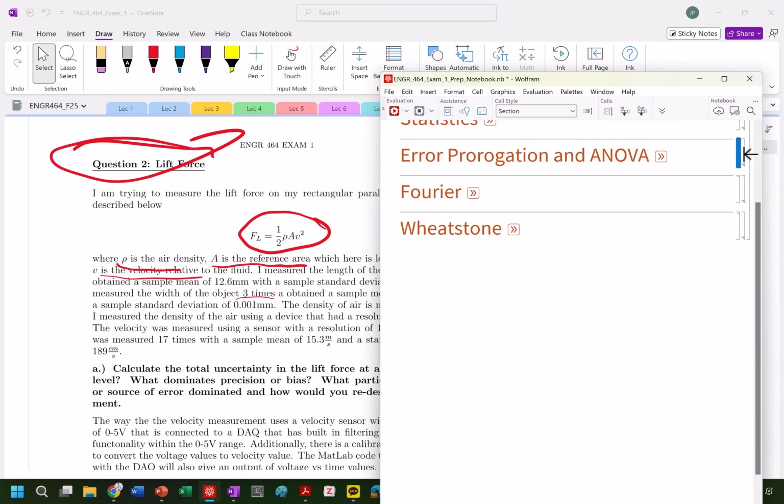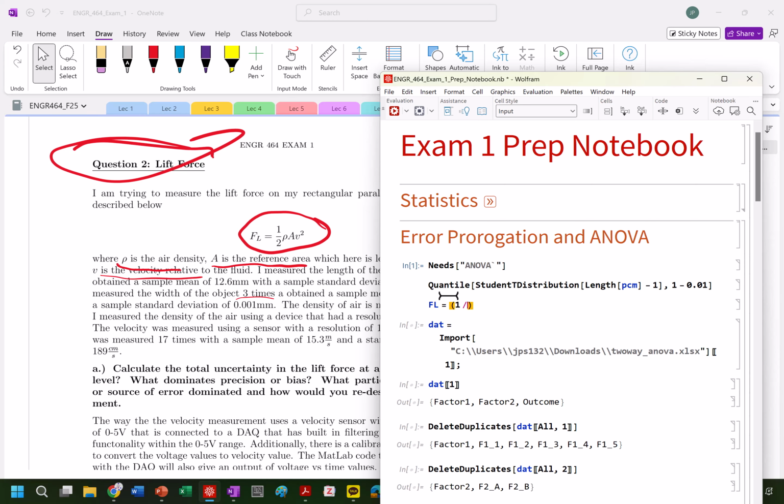I'm going to actually start with the ANOVA, but I'm also going to pull from my statistics, specifically my t value, the quantile of the student t distribution, et cetera. So let's paste this in. My function is FL, so F lift is going to be 1/2 times rho times area, which is just length times width, times velocity squared. So these are essentially those values, or the expressions.